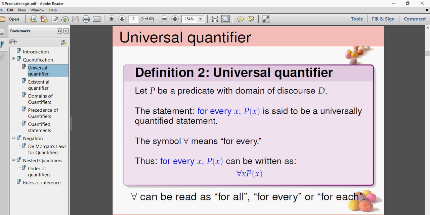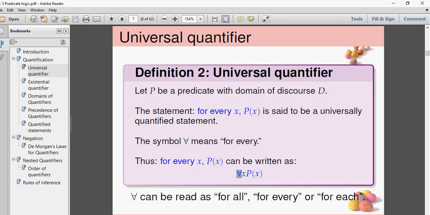So here, for all x, P(x). The symbol here, we have it for universal, means for every. So if I need to read it, for every x, P(x). All the domain should be correct with P(x).